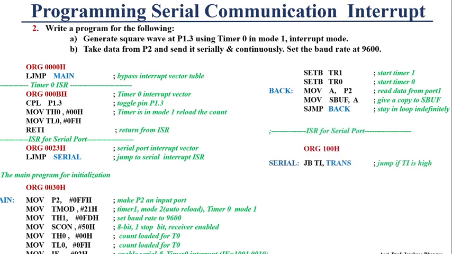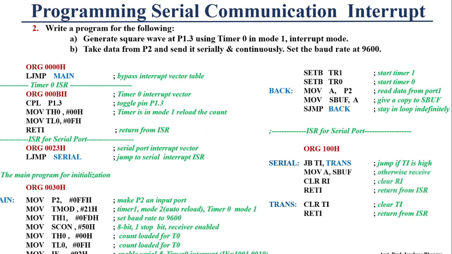Here it will check the status of the TI flag. If this is 1, it jumps to trans, where it clears the TI flag to transmit the next character and returns from this subroutine. If the TI flag is 0, then it will get data from SBUF into the accumulator, clear the RI flag and return from the subroutine. So it will again come back to the main program.